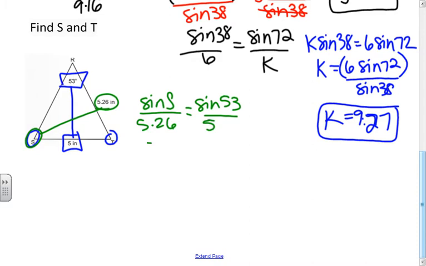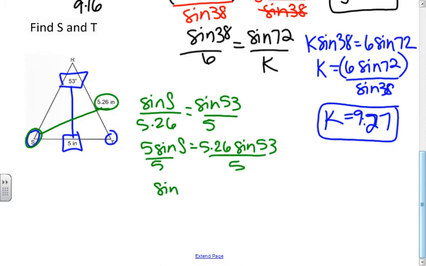Cross multiply, 5 sine of S is equal to 5.26 sine of 53. Divide by 5, and I end up with the sine of S is equal to 0.84 decimal, decimal, decimal. Use that inverse feature because I want the actual measure of S, and S is going to end up being 57.2 degrees.